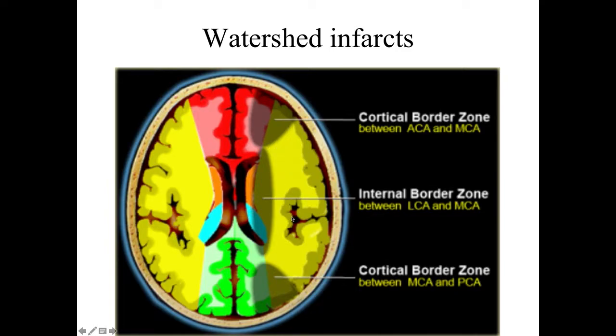There's a cortical border zone, an internal border zone, and another cortical border zone. Here's a posterior cerebral artery feeding into that back area, I think the occipital lobe, that we were talking about before. Here's our middle cerebral artery feeding into this area, and anterior cerebral artery feeding into this area. And so these cortical border zones can be susceptible to hypoperfusion that could occur in those different domains.